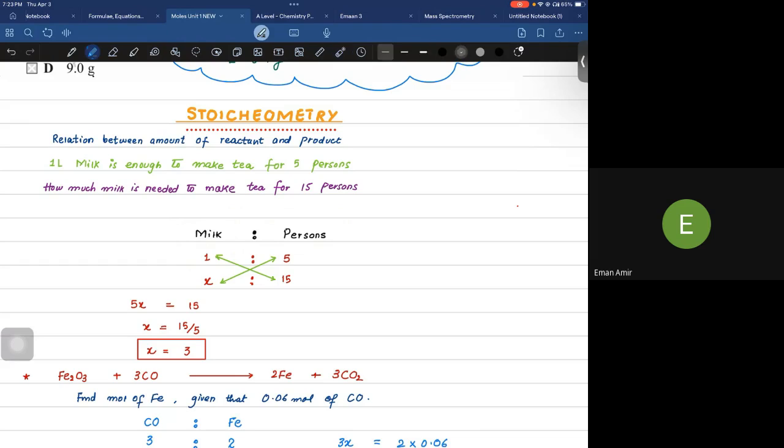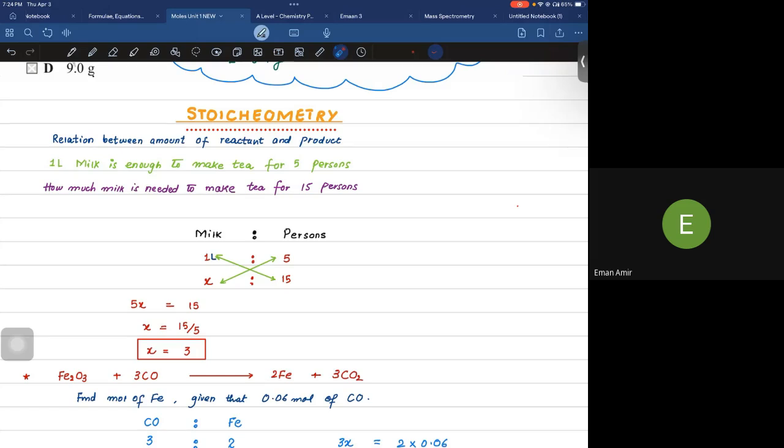1 liter milk is enough to make tea for 5 persons. How much milk would I require if we have 15 persons? This is called unitary method, as I told you yesterday in the last class.